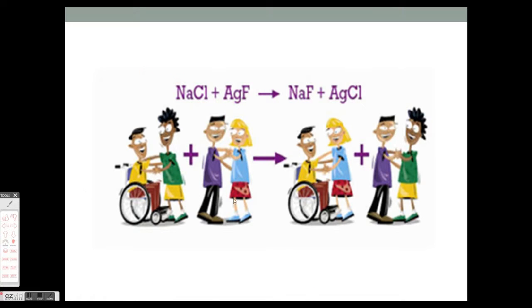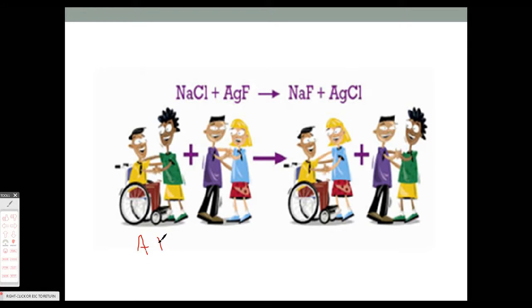Once again, we're going to do this with people, so we have these two friends and these two friends, and they separate apart. So again, I'll do my letters just because it helps me out. A, B, plus C, D, and that's going to give us A, this fellow. Our B is in the green shirt, let's put a B over here.